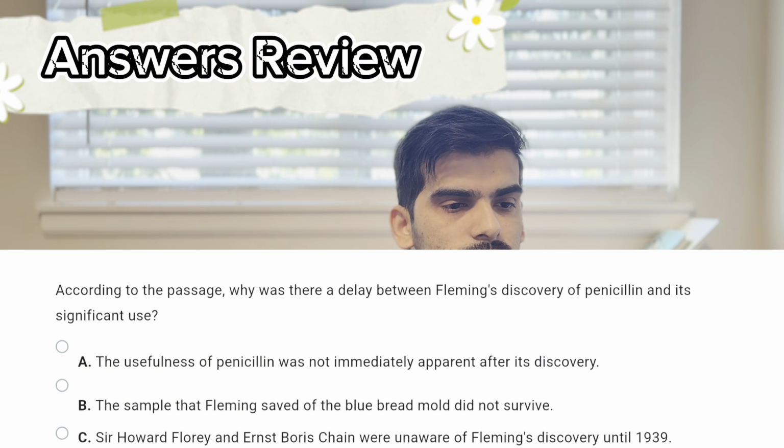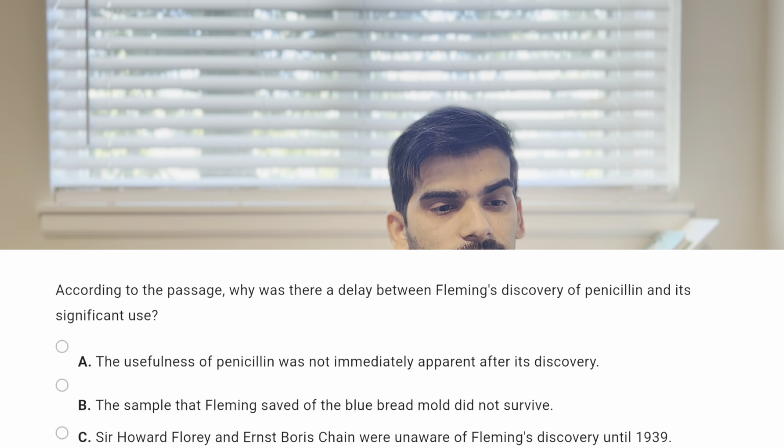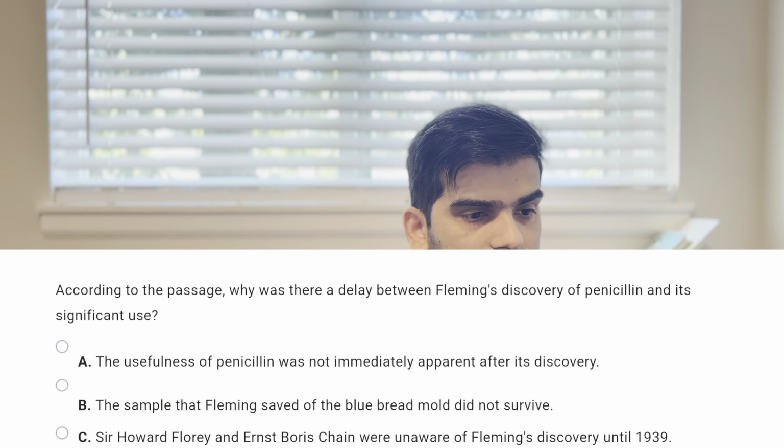Here's another tip. When you're attempting the reading questions, use facts plus the active elimination method. You have to eliminate the wrong answers first. So let's get into the answer. The answer says the usefulness of penicillin was not immediately apparent after the discovery.